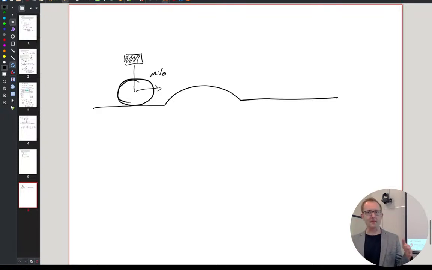So we've got something that's just creating an impulse and not letting anything move through that surface. So something happens there. Let's look at just this part.